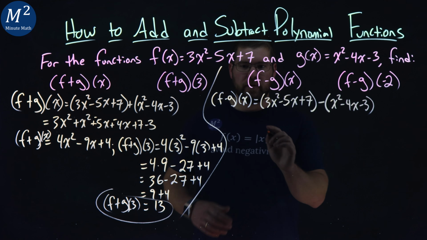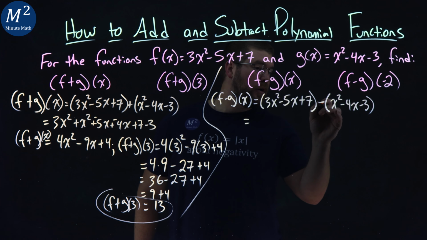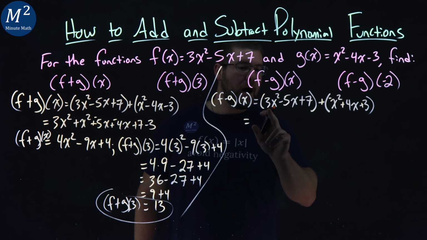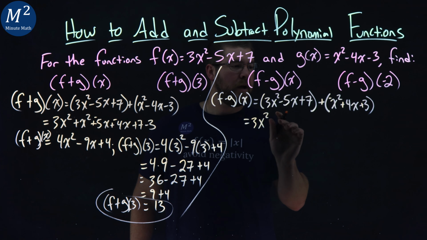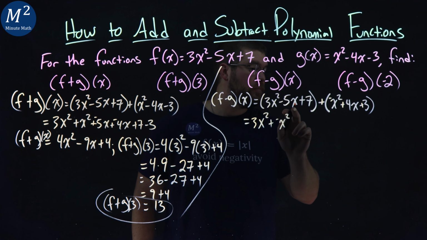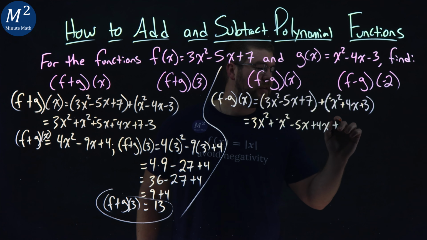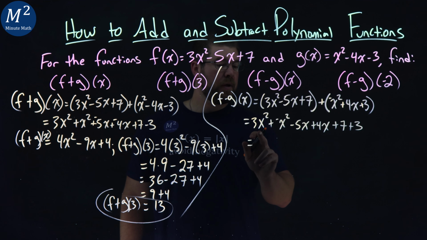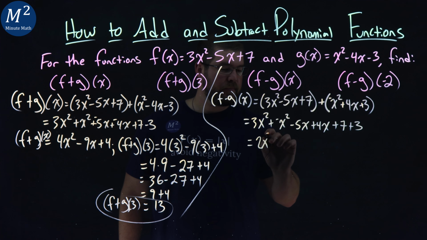Now we want to simplify this. What I like to do is distribute this minus sign to all parts: plus a negative x squared, positive 4x, positive 3. Now we can rearrange this to have our like terms next to each other. We have 3x squared plus a negative x squared, then the regular x's, a minus 5x plus a 4x, and then plus 7 plus 3 lastly. 3x squared plus a negative x squared is 2x squared.